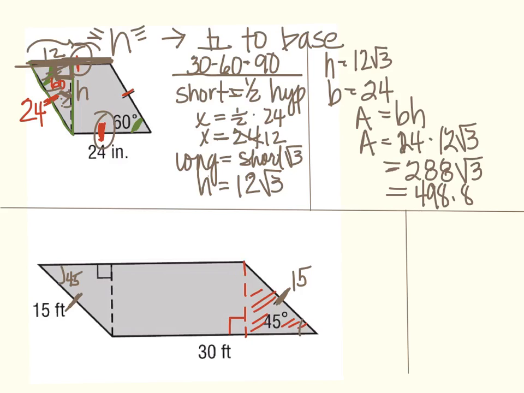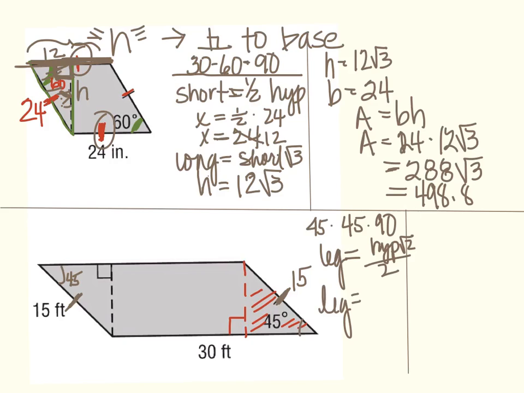So if I have my hypotenuse and I want to find a leg, remember, in a 45, 45, 90, the leg is the hypotenuse times the square root of 2 divided by 2. So I'm going to put the leg is 15 times the square root of 2 divided by 2.